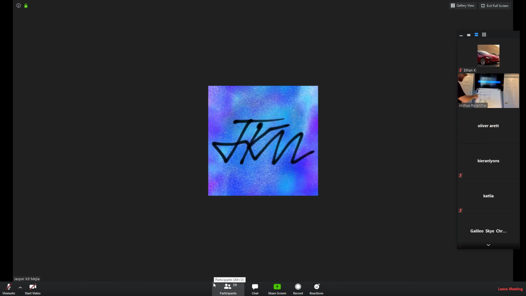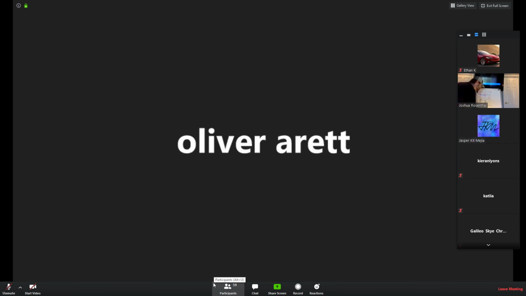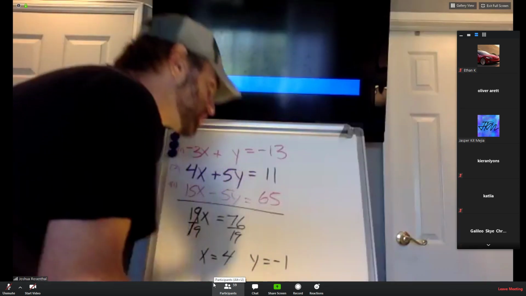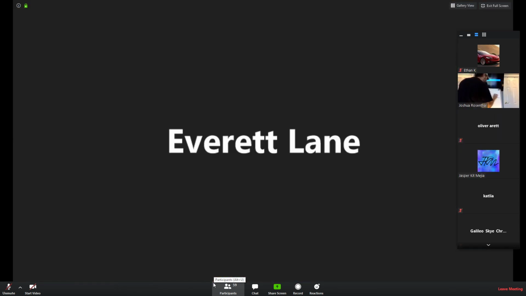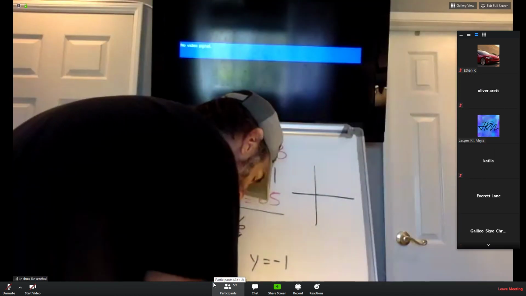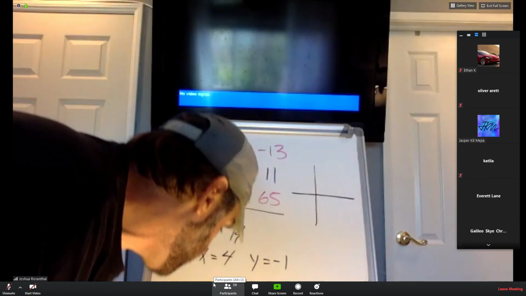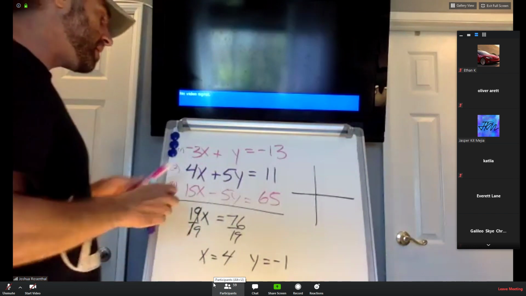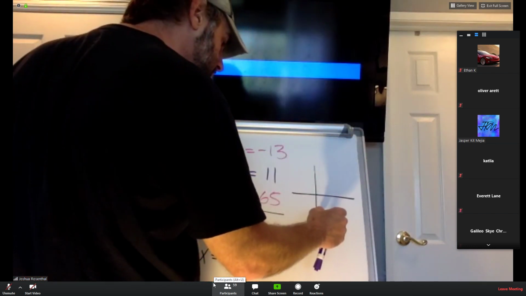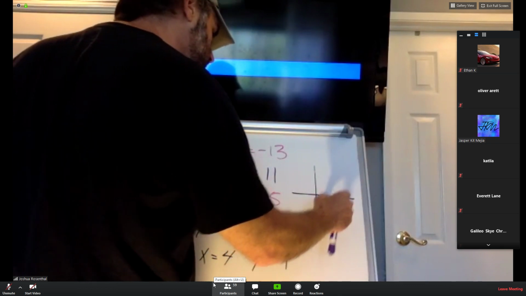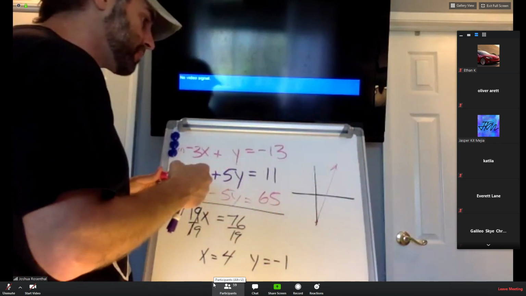This slope should have been negative. That's what happened. Oh. Yeah, you have to put it in slope intercept. Yeah, when I sketched it with a positive slope. So it would have looked more like this. Let me make it a little bit more accurate for you. So the pink one would have been a positive 3x, and it would have started down here, and it would have come up like that, something like that.